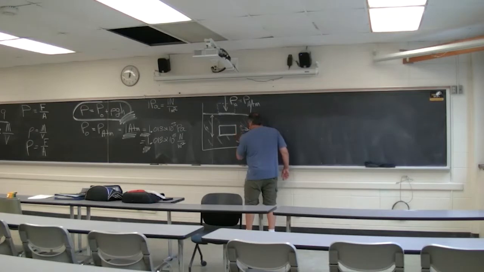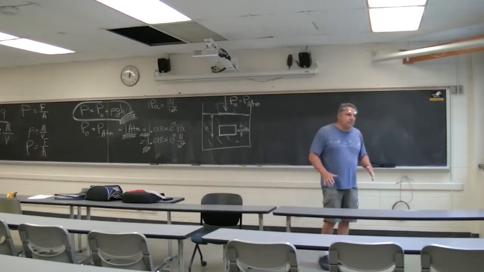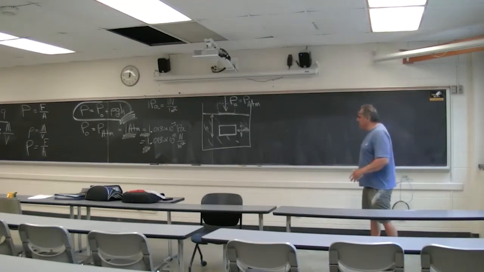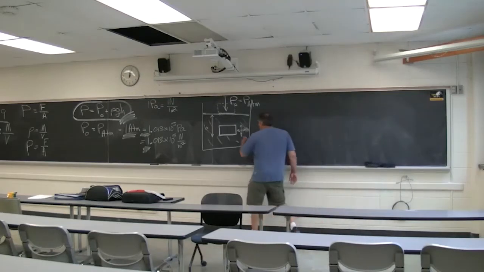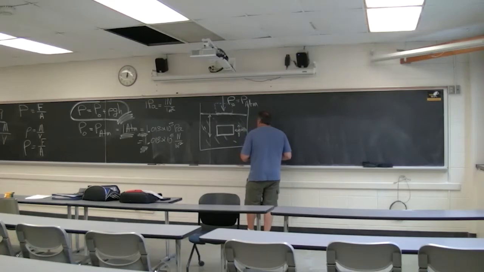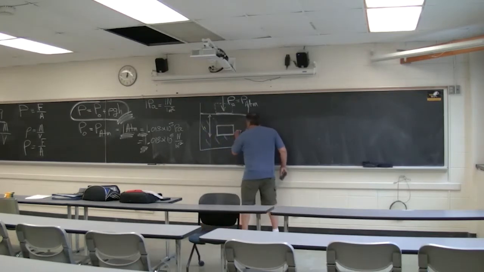Also, there's the same pressure pushing up, the same pressure pushing this way, the same pressure pushing that way. In other words, pressure is not a vector, it's a scalar quantity. A better way to say this: there was an object right here, let's say it was really, really small, so let's not worry about the depth too much.